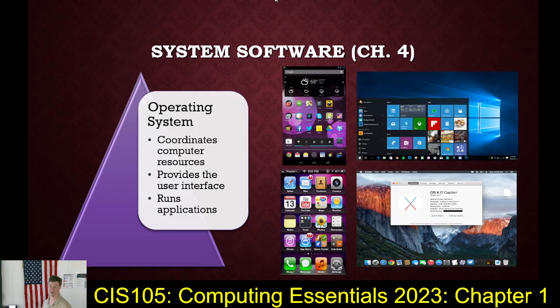So the operating system coordinates computer resources. It gives us an interface. I'm telling you, everybody, we cannot use these things unless we have an interface. This is a fancy coaster if I don't have something installed on it. And believe me, I use them as coasters, all my other old ones.